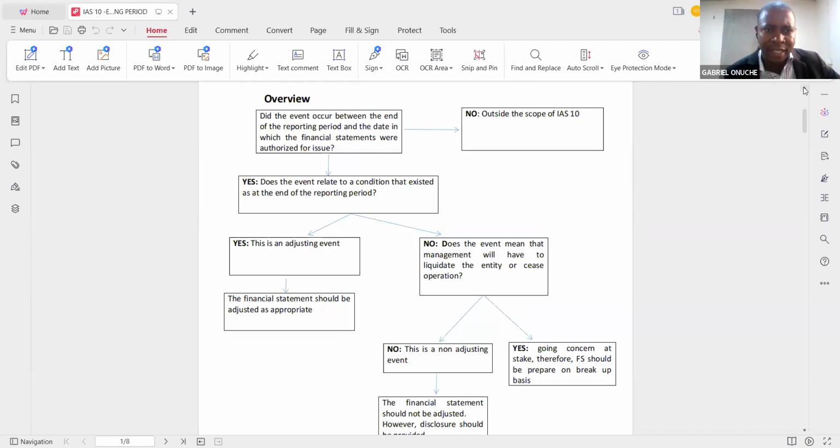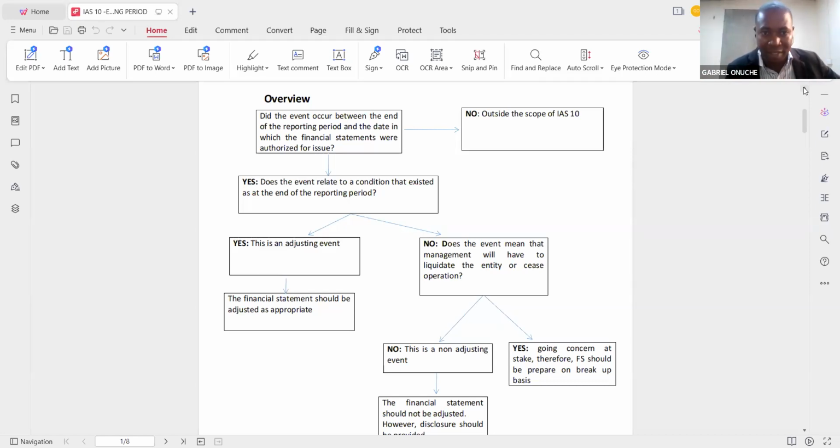Number one, the question here is, did the event occur between the end of the reporting period and the date on which the financial statements were authorized for issue? I'm going to explain this period better for understanding. When we say reporting year end, that is the financial year end of the entity.